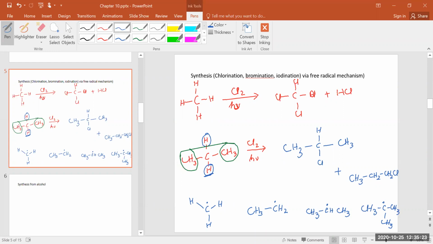So here is the methyl carbon, primary carbon, secondary carbon, tertiary carbon. Remember, like carbocations, free radicals are stabilized via hyperconjugation.